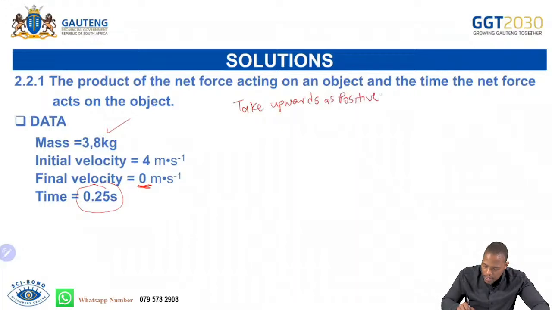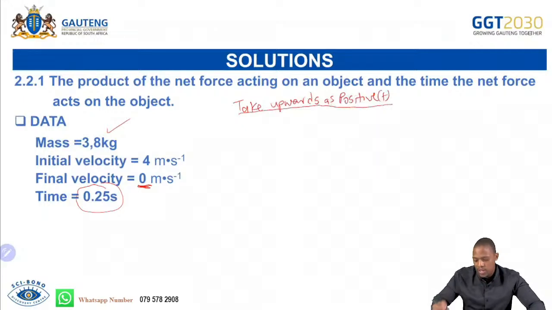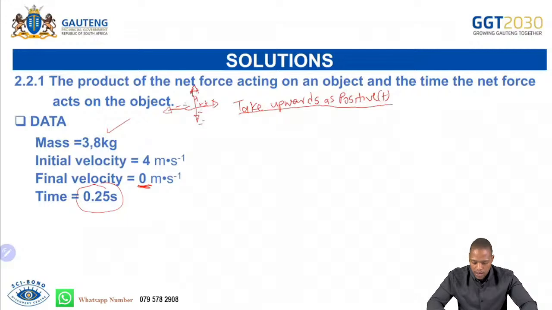It is very simple and easy for me to take things that are going up as positive, because I can relate these to maths, the Cartesian plane. Whenever something goes up in the Cartesian plane, those numbers are positive. The down numbers are negative. The right numbers are positive. The left numbers are negative. For me, it makes it very, very simple. But we must remember that taking direction is up to an individual.